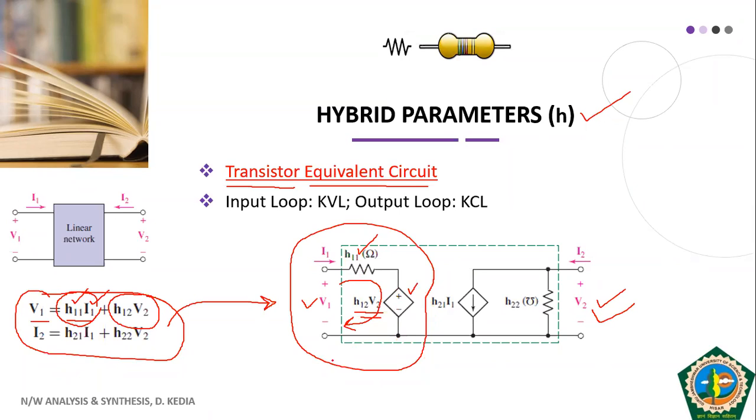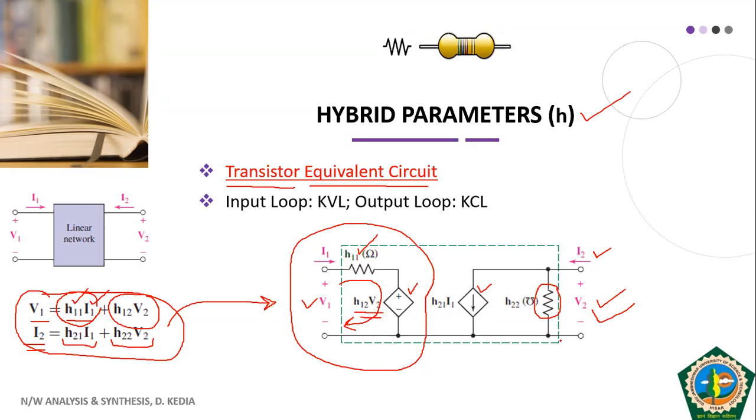Now let us move to the output part, which is represented in terms of I2. I2 is a current, so these two terms must also conform to the current dimensions. Okay, so this is our I2. Fine. So this I2 will be divided into this branch and this branch.